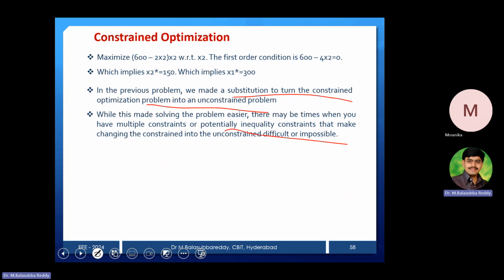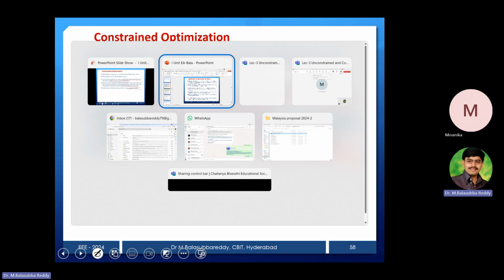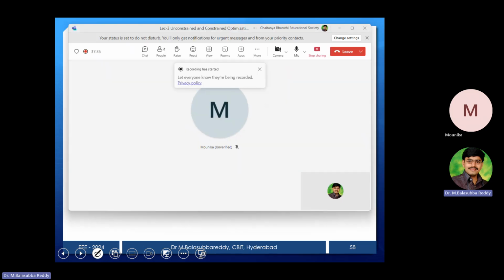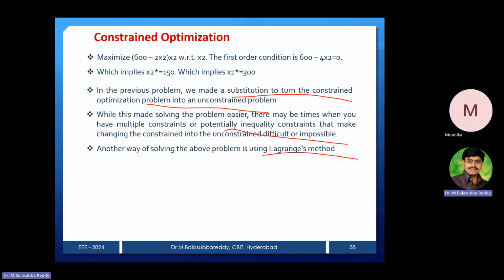So all together they cannot be incorporated in a function to get our solution. Then we go for the Lagrangian method. This is a very famous method, the Lagrangian multiplier. Using the Lagrangian multiplier, we are able to solve the problem.